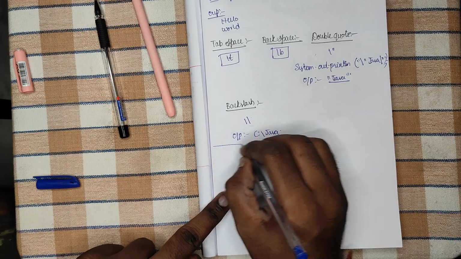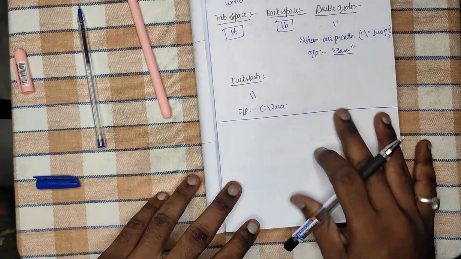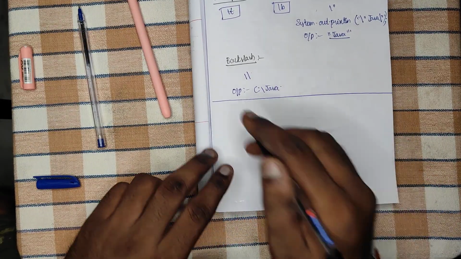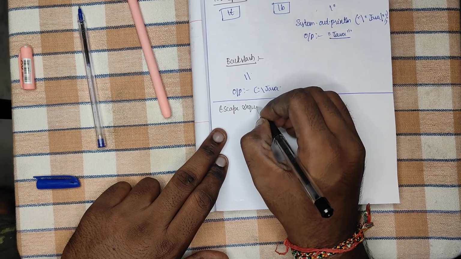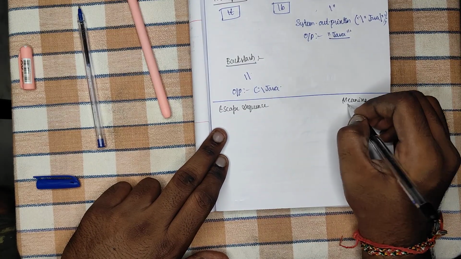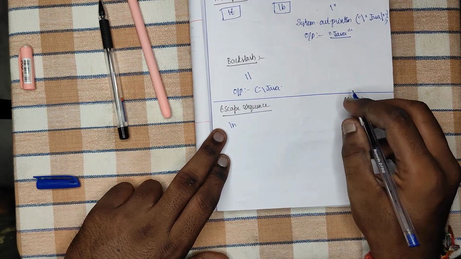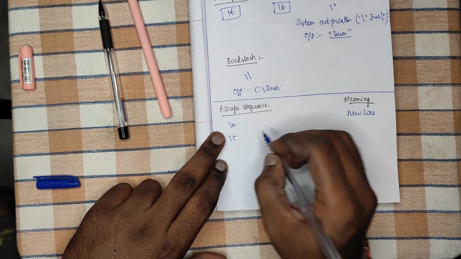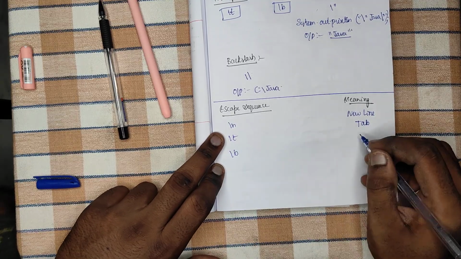So I'm going to give it in a tabular mode, escape sequence and its meaning. So \n is new line, \t is a tab, \b is a backspace.